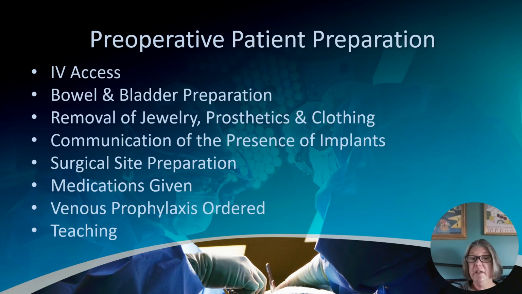Venous prophylaxis refers to prevention of DVTs. Okay, so we are going to make sure that we are positioning our person correctly. Afterwards, this could be like SCDs, TED hose, anything like that, and then probably an anticoagulant of some sort. And we are going to talk about this with our person in pre-op.